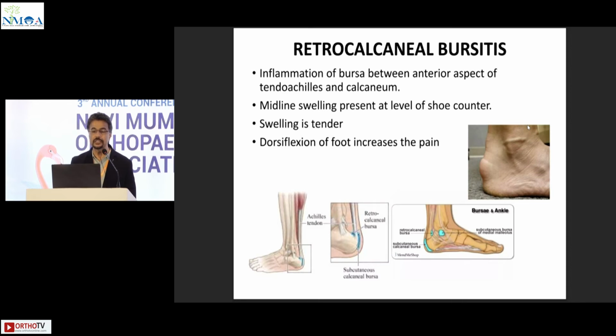Now, the other cause of heel pain is retrocalcaneal bursitis. This retrocalcaneal bursitis is basically between the anterior aspect of the tendo-Achilles and the calcaneum. You may get a midline swelling on either side of the tendo-Achilles. The swelling is tender, and dorsiflexion increases the pain.